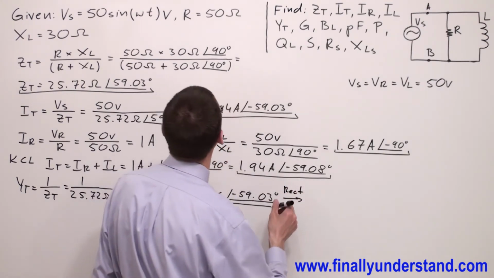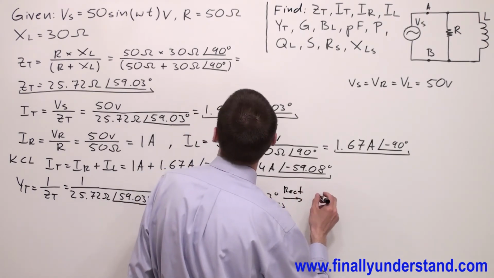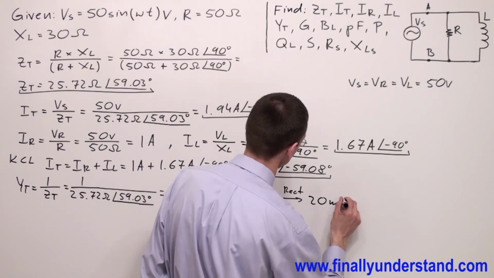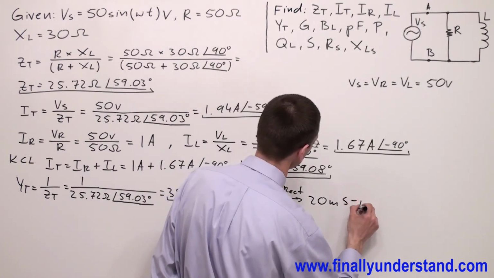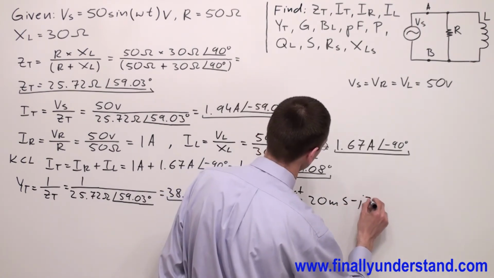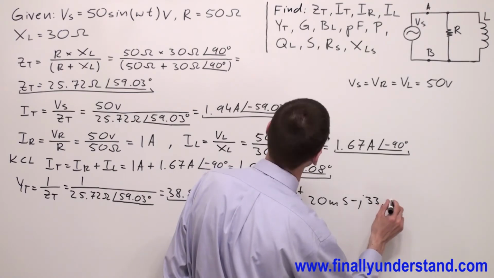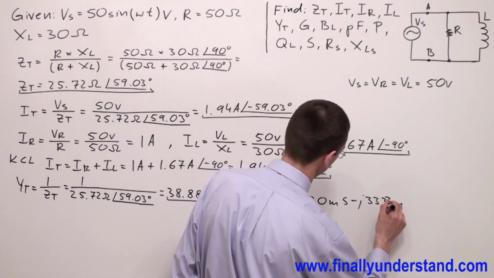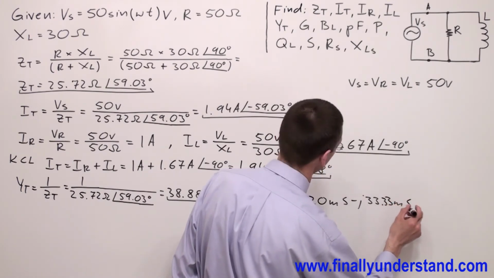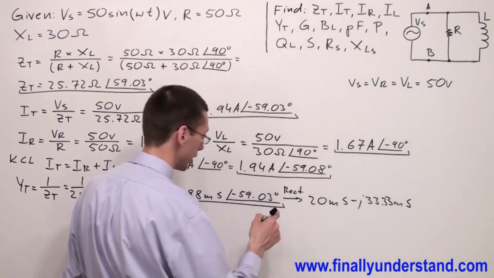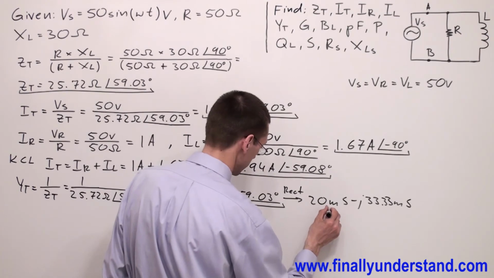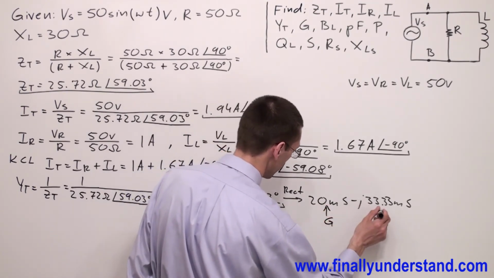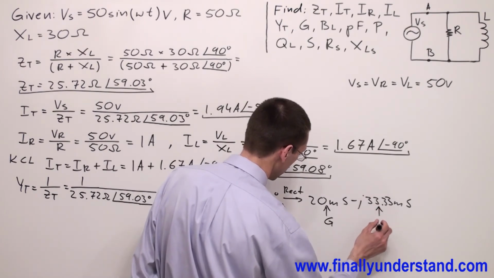Okay, so I'm going to get 20 millisiemens minus J 33.33 millisiemens. Okay, where the real part is my conductance and the imaginary part is my inductive susceptance.